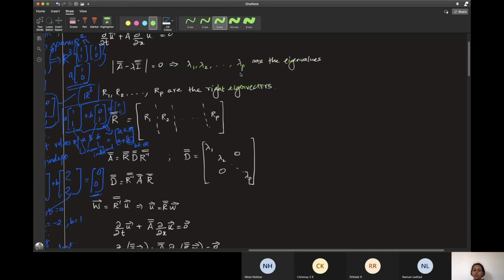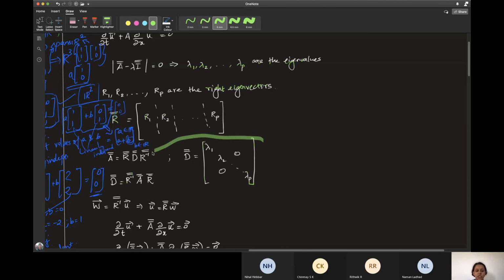All of them are right eigenvectors, and you arrange those eigenvectors as the columns of a matrix. The first column is the first eigenvector, the second column is the second eigenvector. So this is the capital R matrix. If you do R inverse A R, you will get a diagonal matrix, and that diagonal matrix will have the eigenvalues as its diagonal elements.